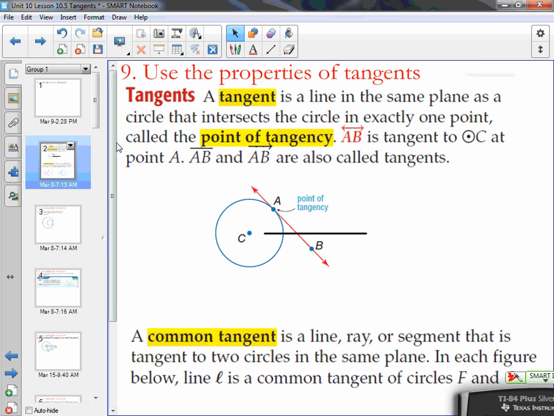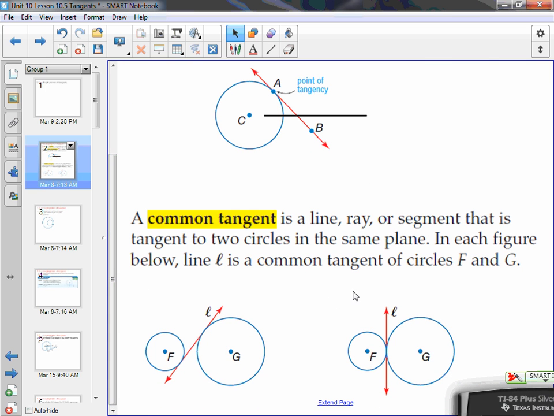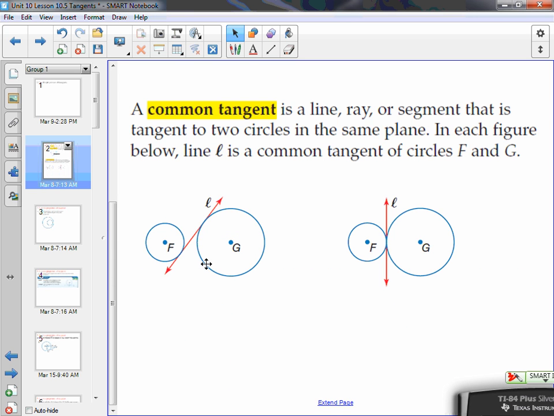Okay. Now, if one line is tangent to two circles, it's called a common tangent. And that really happens one of two ways. Down here on the bottom left, line L is tangent to circle F and circle G. It's a common tangent for those two circles. And then look at the figure on the bottom right here.